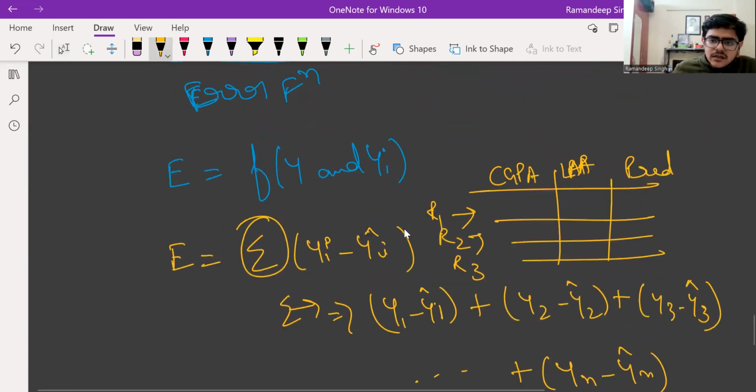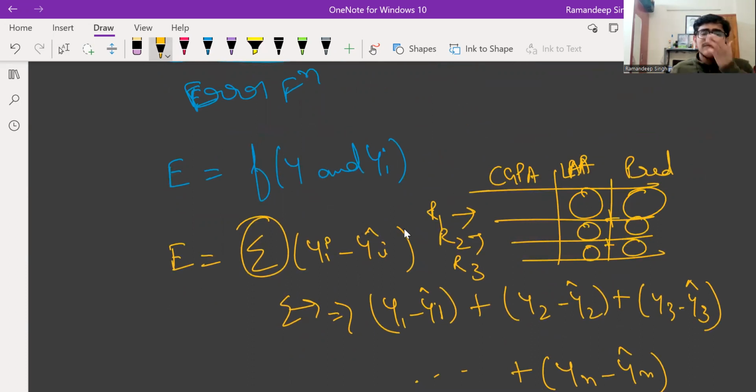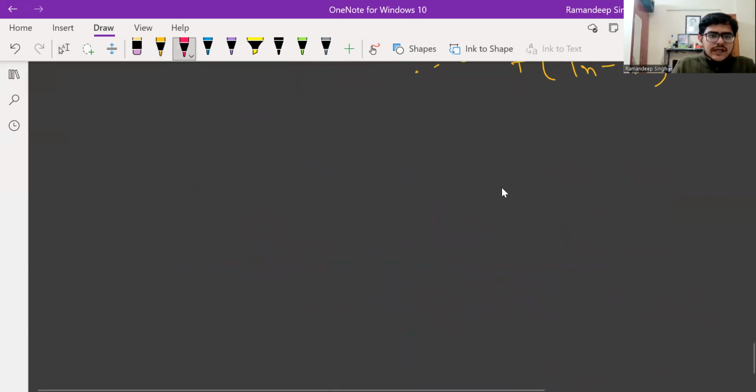Basically, this amount minus this, plus this minus this, plus this minus this. This will give the total error of my model, and I want to minimize that error. Correct. So the error function is E equals summation of yi minus yi hat.